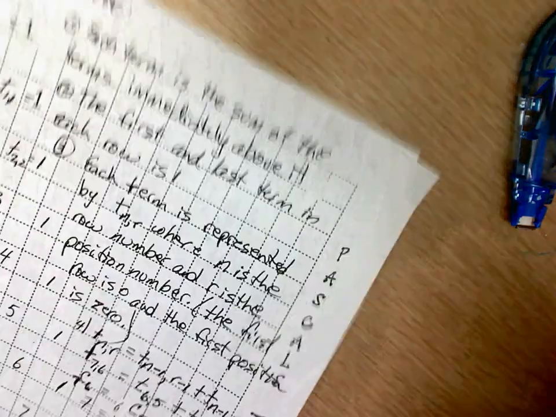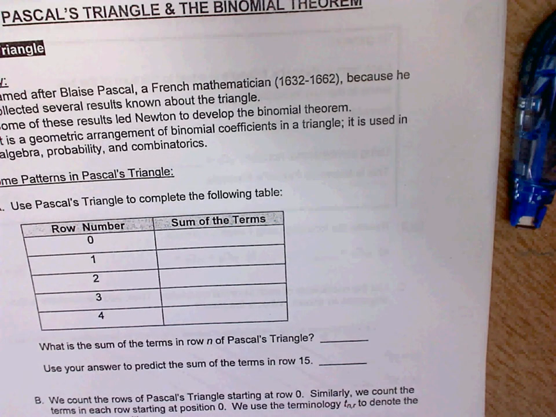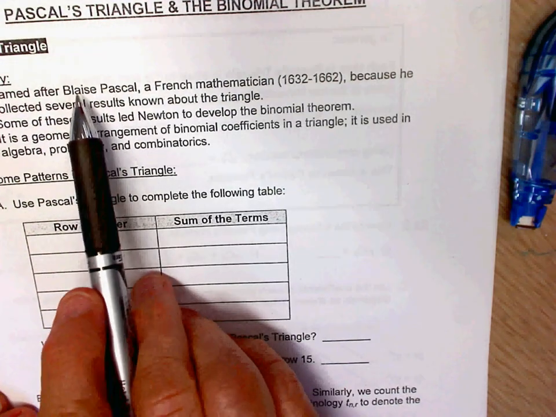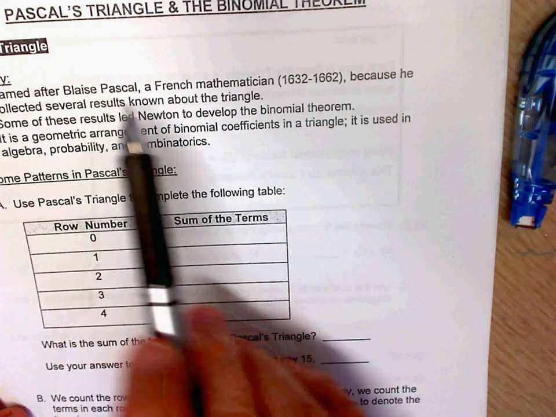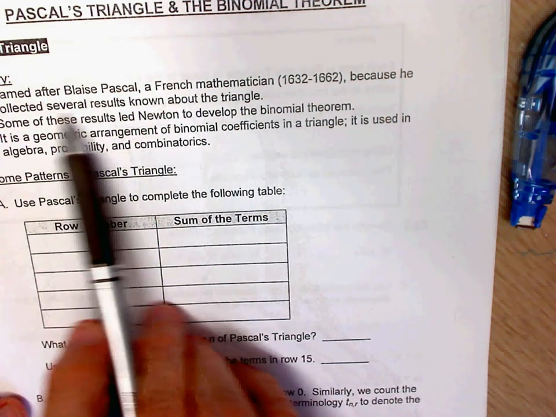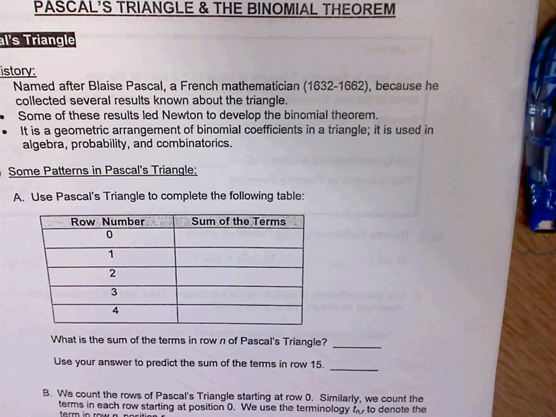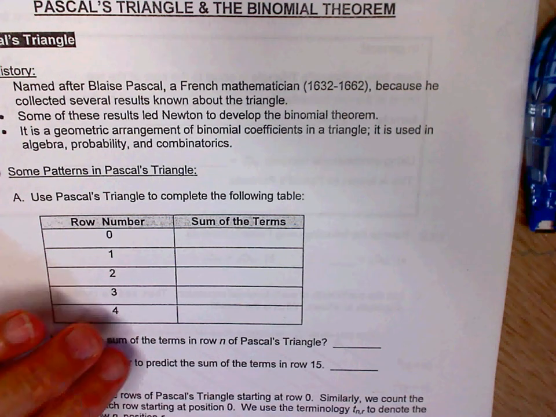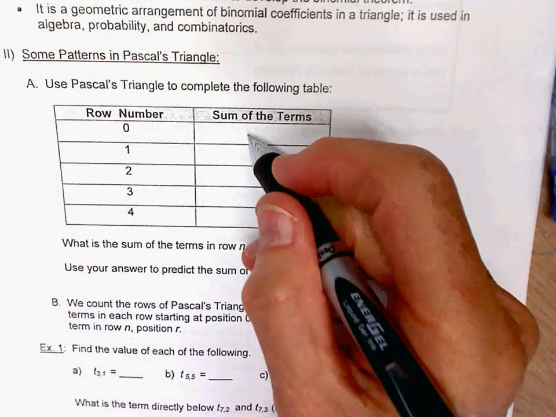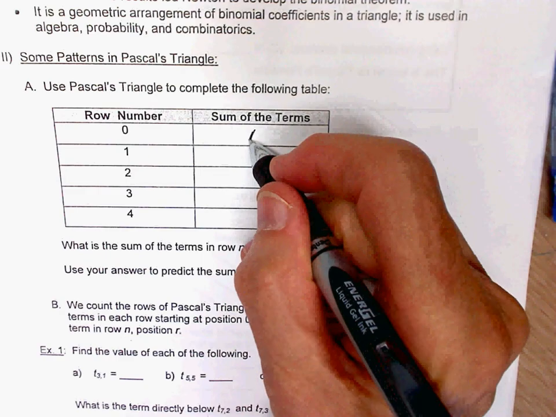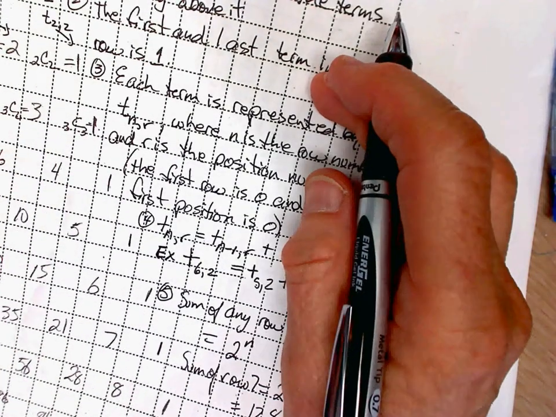All right. Pascal's triangle and the binomial theorem. It's named after Blaise Pascal because he noticed there are many properties of Pascal's triangle that are quite interesting. So notice, in row number 0, the sum of the terms is 1. If we were to just go through and add up all these rows, the sum of the terms in row 1 is 2.